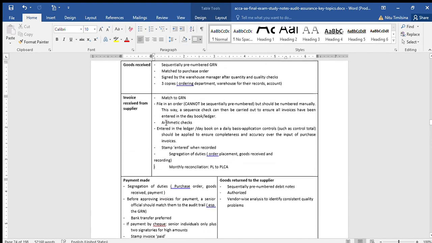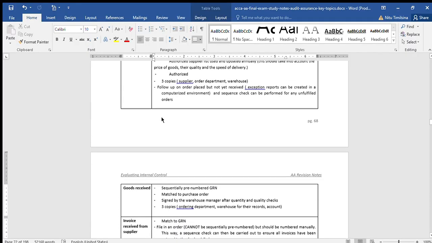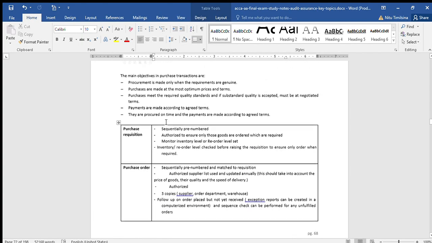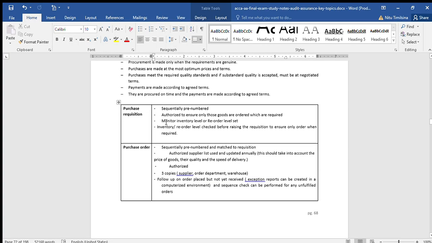So on that basis, every stage has made one document, and we need to have controls in order to run the operation effectively, and in order to prevent, detect, and control misstatements due to frauds or errors.